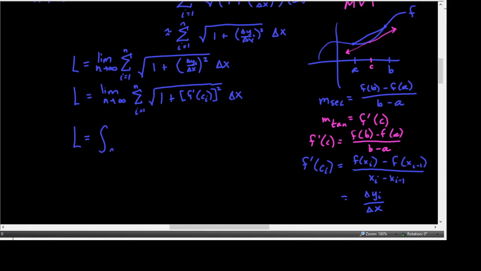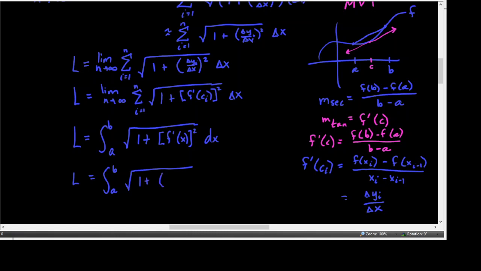The definite integral from a to b of the square root of 1 plus f prime of x squared dx. Or if you like the Leibniz notation version of that better than the prime notation, it doesn't really matter to me which one of these you decide to think through and use, because they are identical.